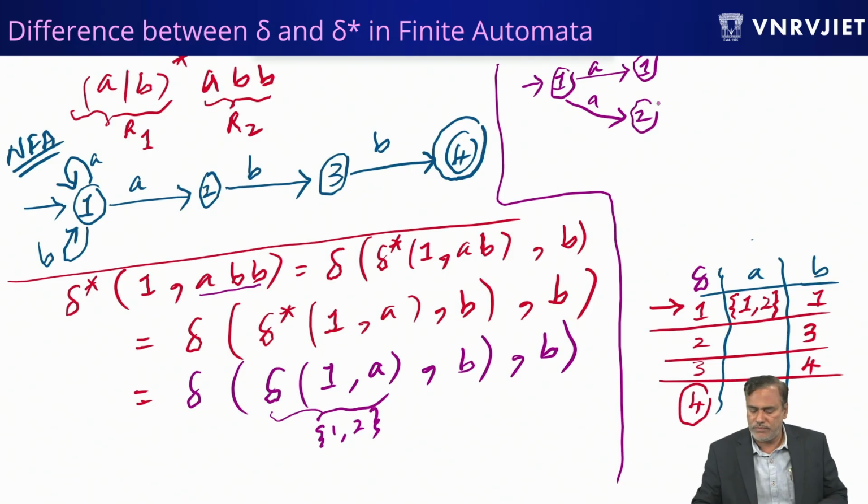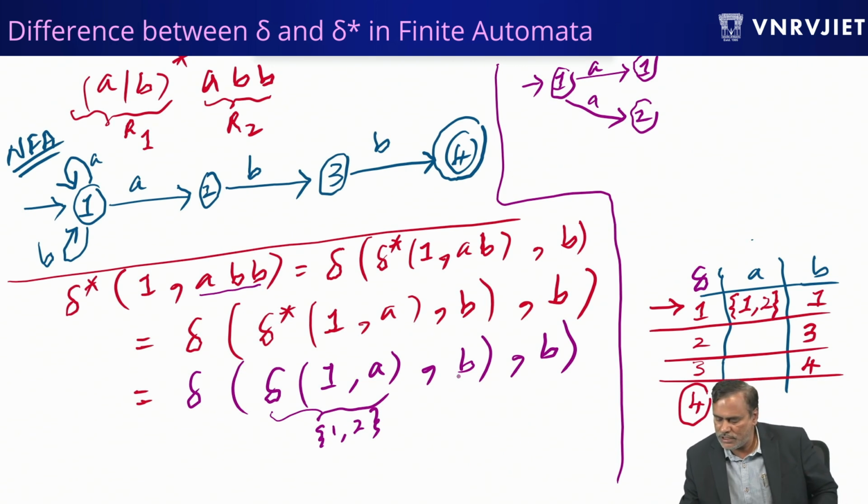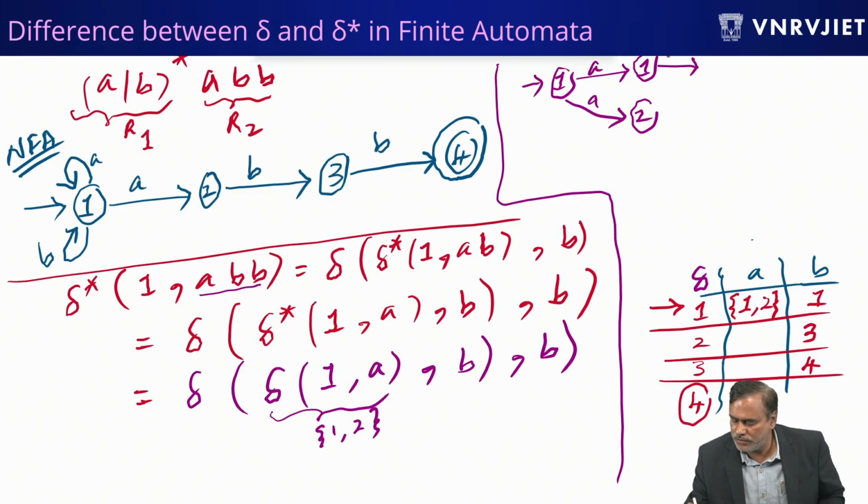From this you have to continue. 1 on b, where do you go? In the table, 1 on b goes to 1 itself.